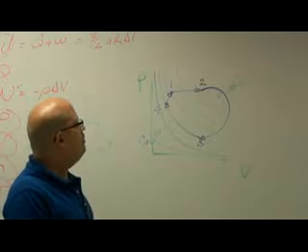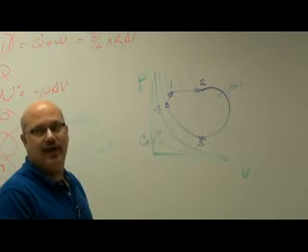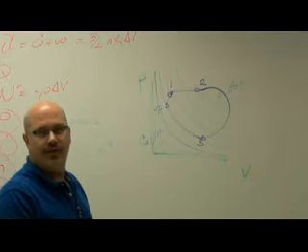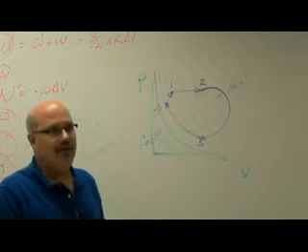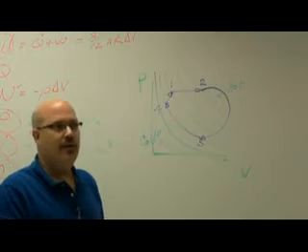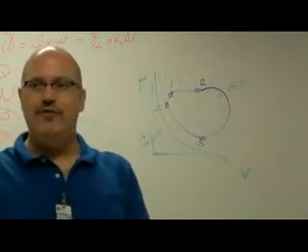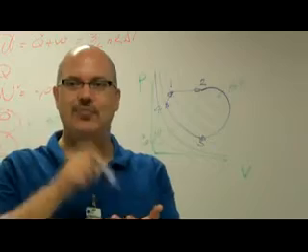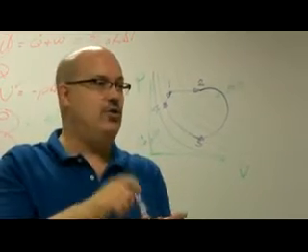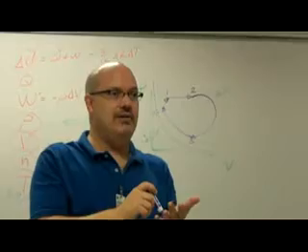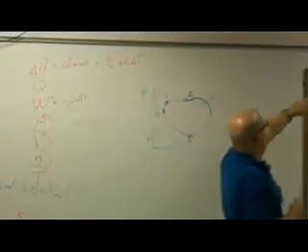Okay, now, trick question. If I go from 1 to 2, has the internal energy of the gas gone up or down, or stayed the same? Temperature went up. Very first thing you do is find the relationship that tells you how change in temperature relates to change in internal energy of the gas. That's going to be this equation, right?